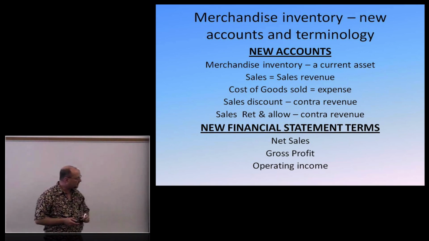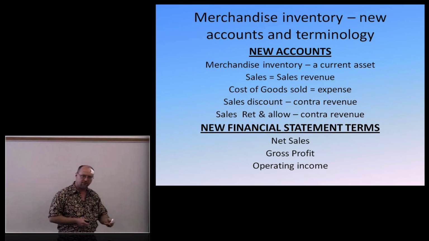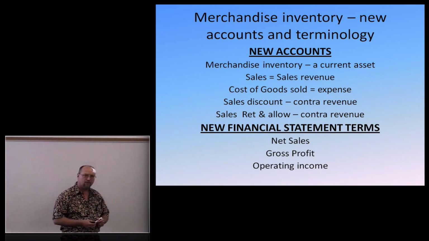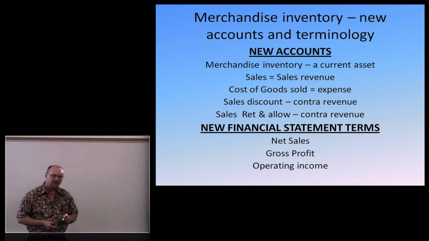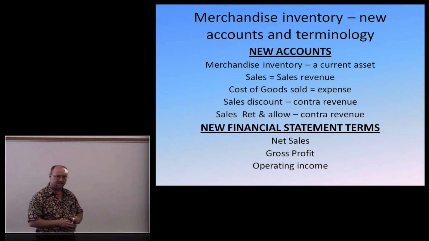In the event our customers return items, we have a sales, returns, and allowance account, and that'll reduce our original sales to what we call our net sales. So both sales discounts and sales, returns, and allowances are contra revenue accounts. Now remember, revenue has a normal credit balance. Okay?